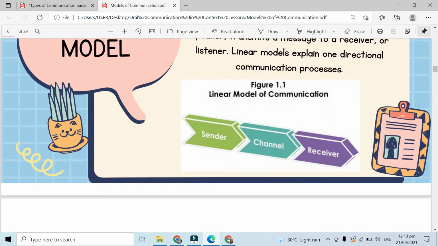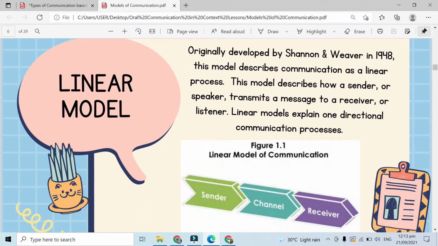Okay, so under the models of communication, we have three main models divided into portions. So the first one is linear. From the word linear, we can see the word line, because under linear communication, you only have a one direction line.